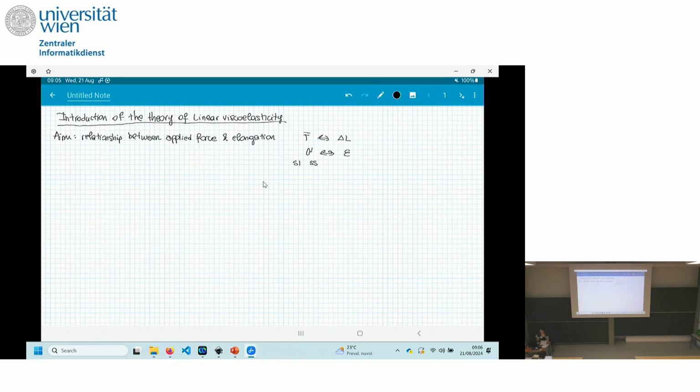Yes. So I'm just going to make a drawing, one second. I want to remind you about two canonical behaviors that you have already seen. The first one is that of an elastic material.